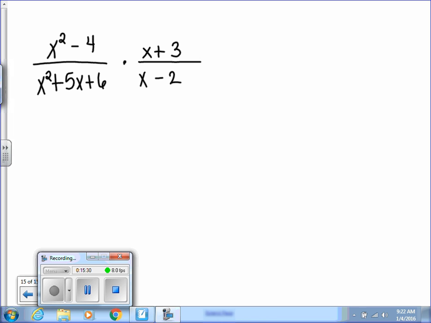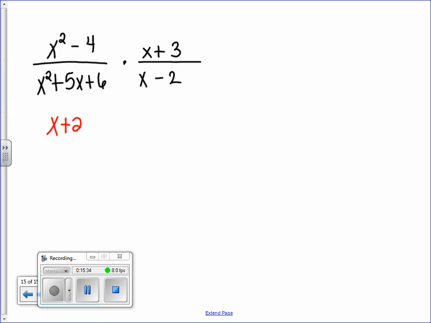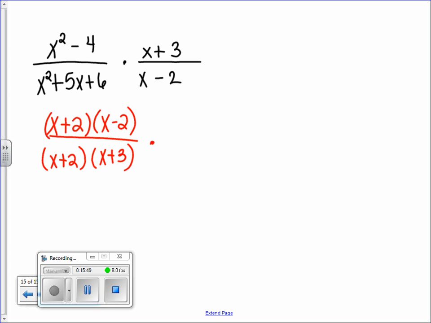Numerator over factor 2? X plus 2, x minus 2. What does this denominator factor do? What cancels? X minus 2's cancel.